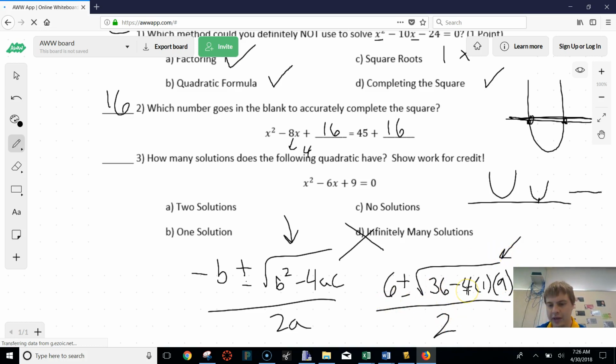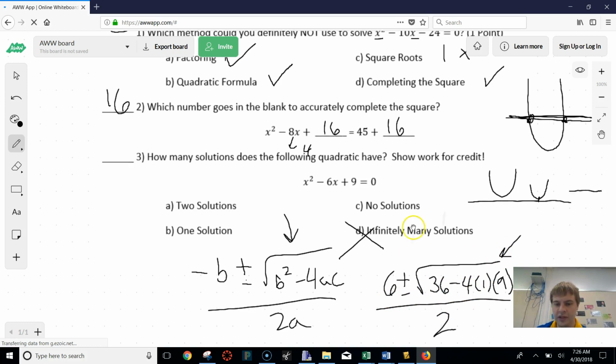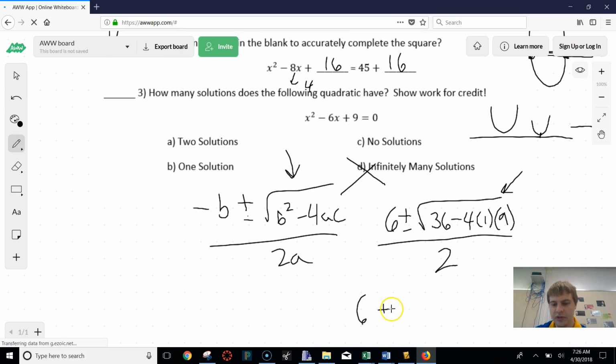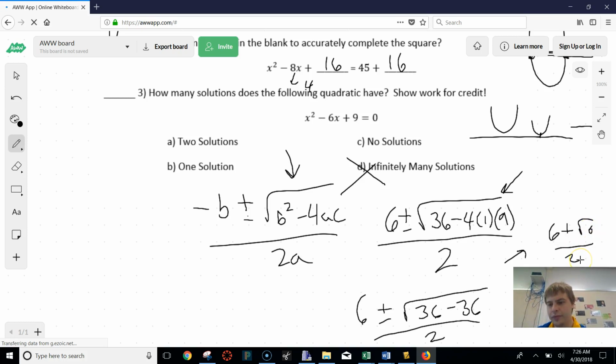And when we do that, we would find that we would get 6 plus or minus the square root of 36 minus 36, because 4 times 9 is 36, all over 2. And 36 minus 36 is 0. So we would have 6 plus the square root of 0 over 2.